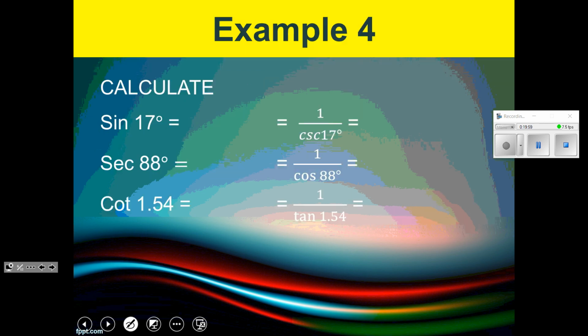All right, so let's switch gears really quickly. Let's learn how to put these into our calculators. If I want to know the sine of 17 degrees, the first thing you need to do is put your calculator in degree mode, which I think you did in geometry.